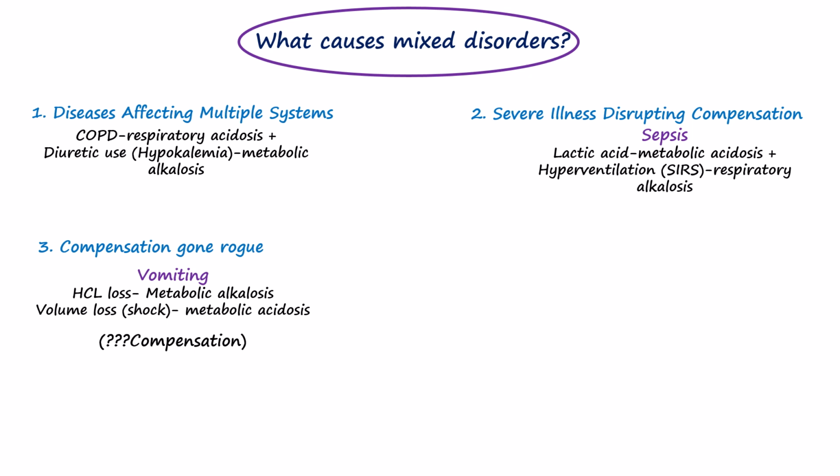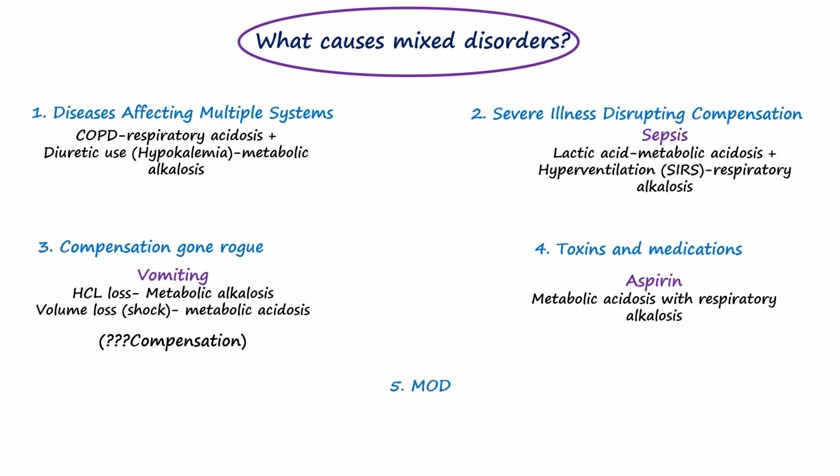Certain toxins and medications can also trigger multiple acid-base effects at the same time. Aspirin poisoning is a classic case where it causes metabolic acidosis by disrupting cellular energy production while simultaneously stimulating the respiratory centers to cause alkalosis. Lastly, the most dangerous situations occur when multiple organs fail together.